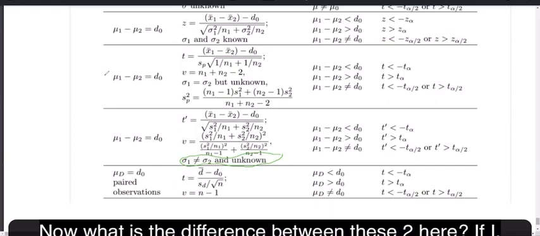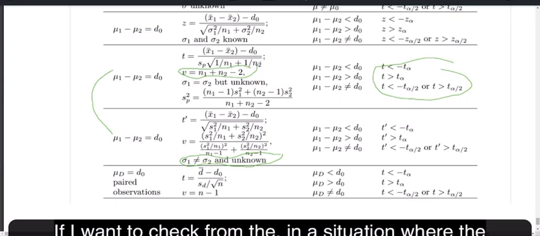except that the way we're going to find the degrees of freedom will be different. Now, what is the difference between these two? If the population standard deviations are not given but are assumed to be equal, the degrees of freedom is going to be N1 plus N2 minus 2, which is what you check from the table.